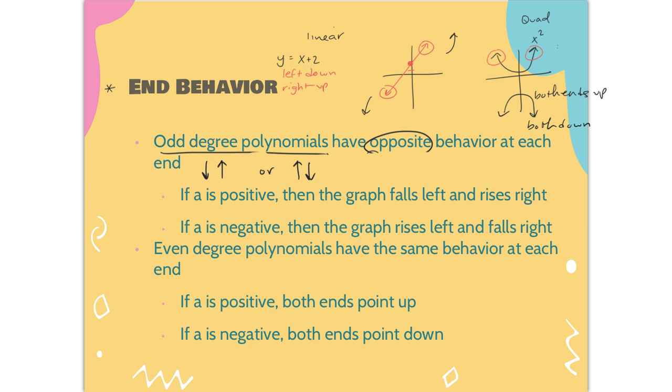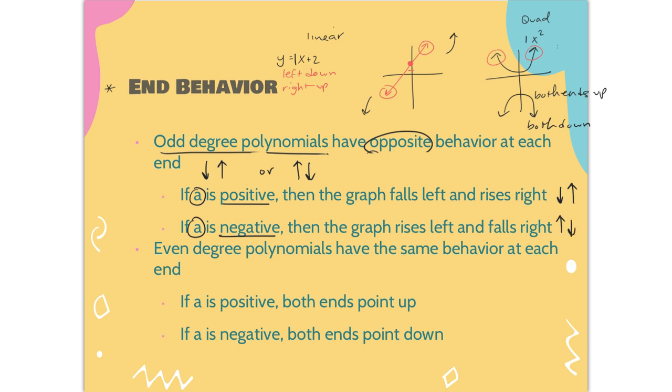Well, again, if you have that odd degree polynomial, the a value, remember, is the coefficient in front of that x, like 1x to the first power or something like that. If that a value is positive, then it's going to be left down, right up. If the a value is negative, you're going to have up at the left and down at the right.